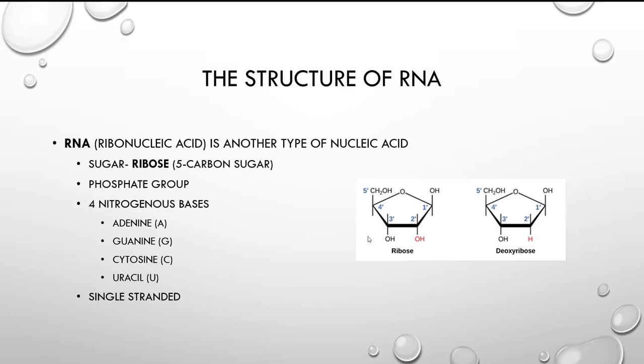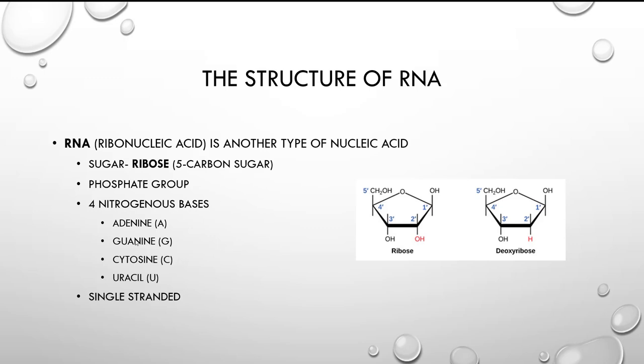All right. With the RNA structure, it's basically the same structure as DNA. Okay, we have a 5-carbon sugar, just like we had with DNA, just slightly different. We have a phosphate group attached to the 5th carbon. And then we have a nitrogenous base attached to the 1st carbon, just like in DNA.